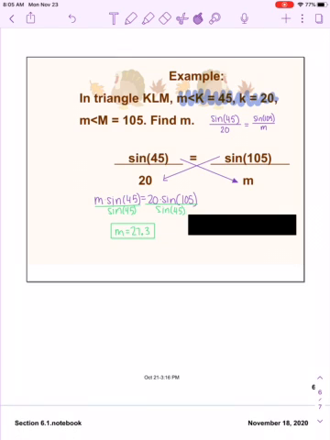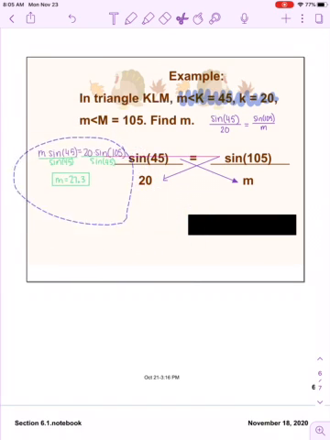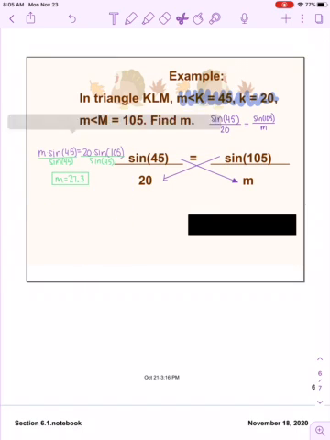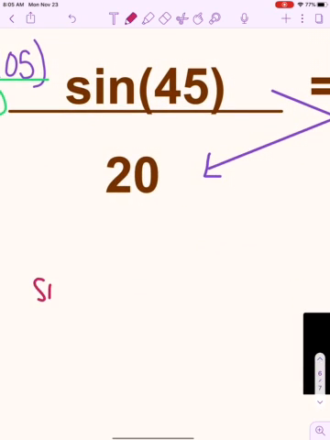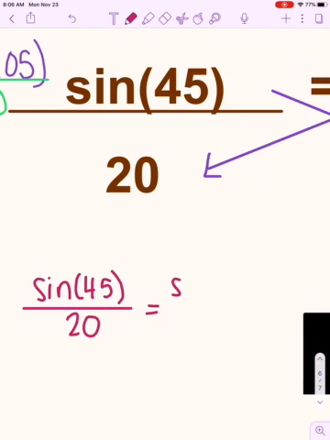Okay, I am going to redo that one and pretend like we didn't have an angle, because we are going to need to know how to do that as well. So if they would have given me side M and not angle M, we would need to solve for angle M. So this first part would stay the same. So they gave me 45 and 20, so I have a whole set there.